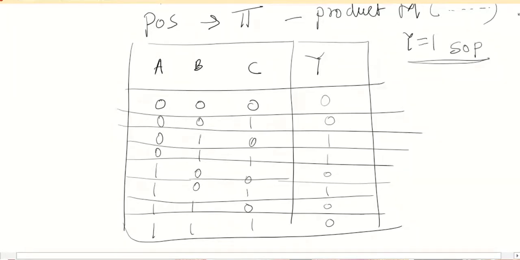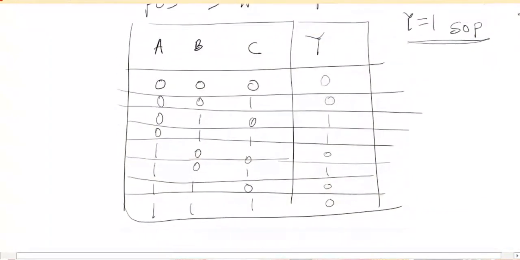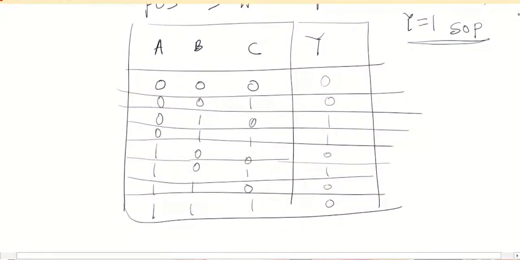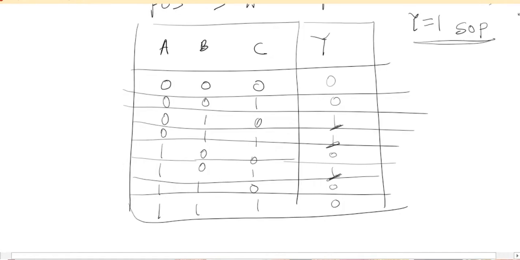So find out the Boolean expression for this truth table. If the question is asked to you, find the SOP expression from this truth table. Then how will you find it? Just identify where Y is equal to 1 as an output value and then take these Boolean variable values to find out the expression. Now here in this case Y is equal to 1 for the entry 0, 1, 0. Now we know that 0 in SOP is a bar. So the complement value is taken when the value is equal to 0.